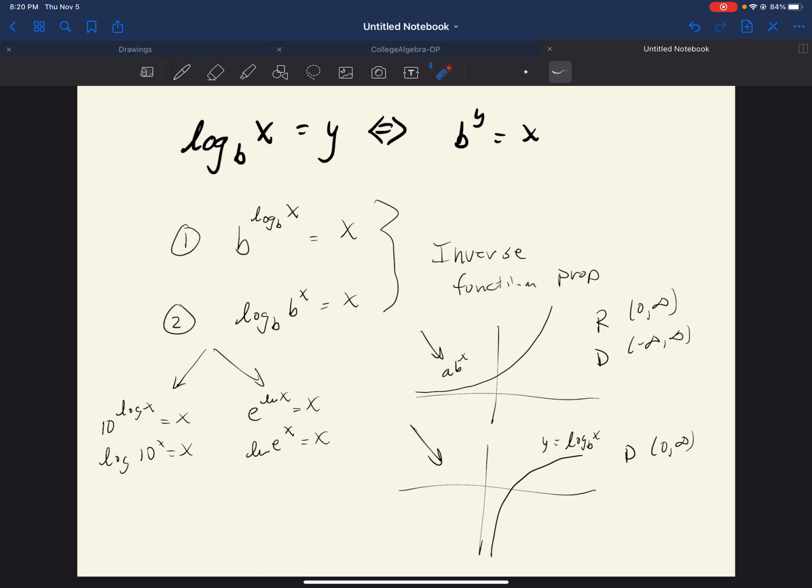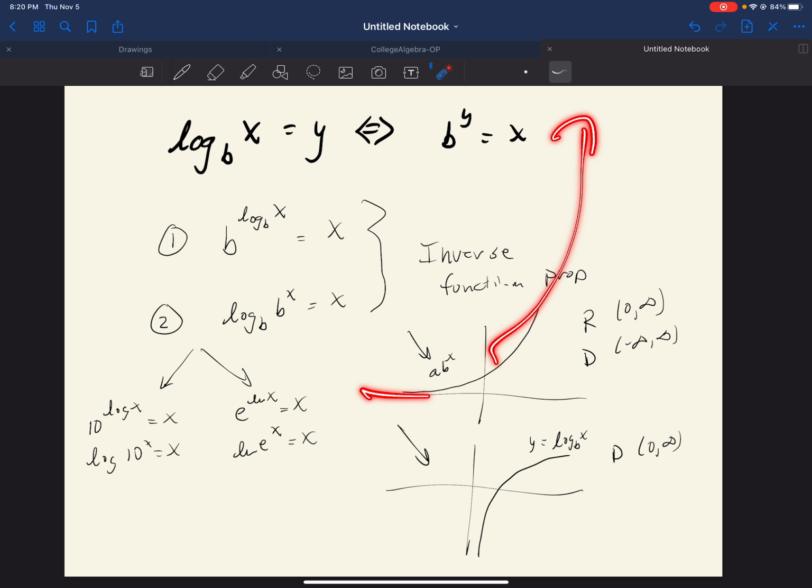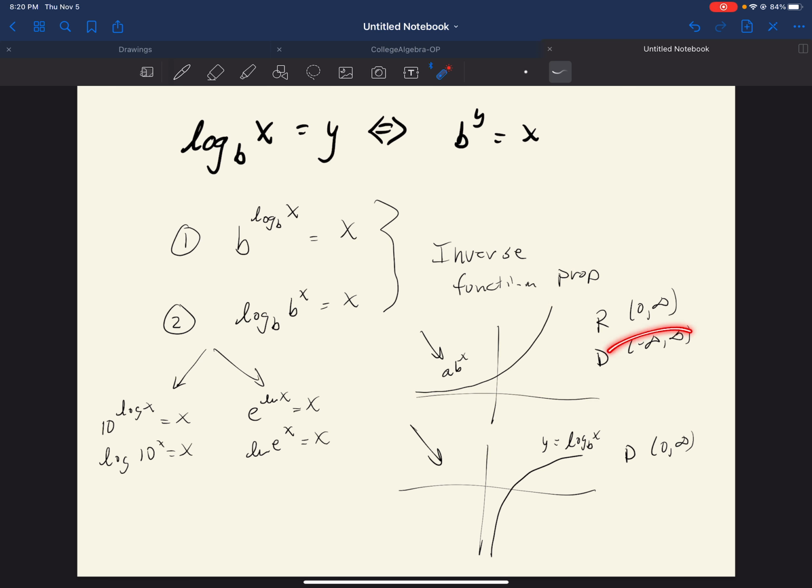And the domain of this function, meaning you can start all the way down at negative infinity and go all the way to positive infinity. Not up here, but I'm saying the x's can keep going. That's what the domain is. Since it's the inverse, that means the range of this should be negative infinity to infinity.